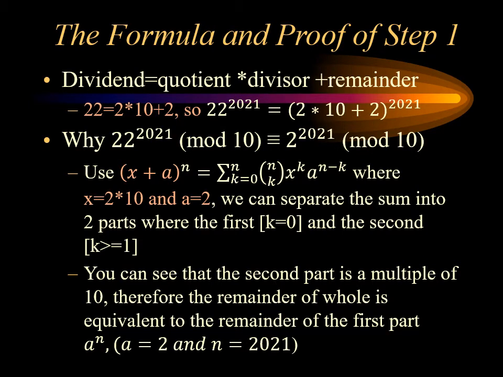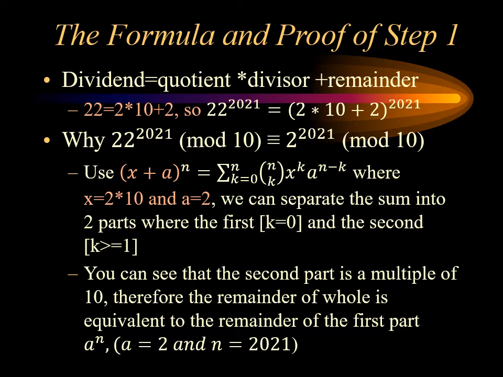So you use that binomial expansion, and then you can separate a lot of the terms. It's actually 2022 terms that are going to be expanded, and there are n plus 1 terms. For these n plus 1 terms, you separate them into two groups.